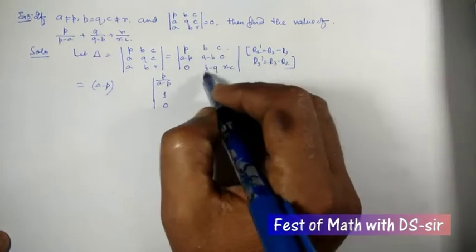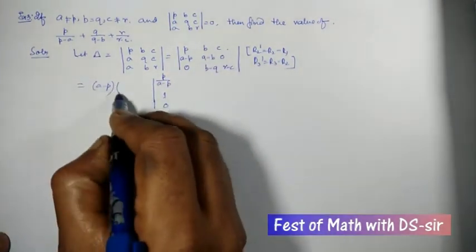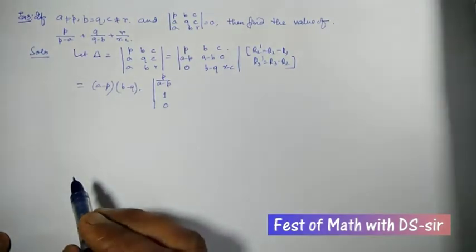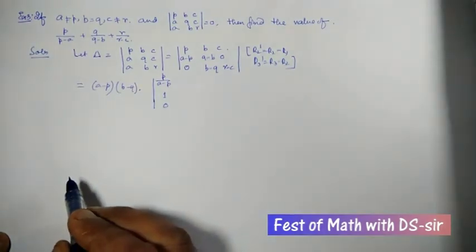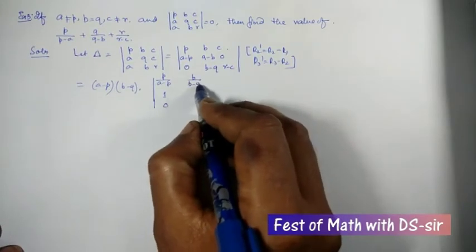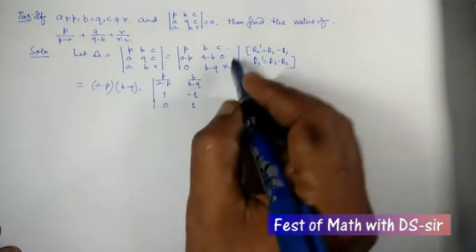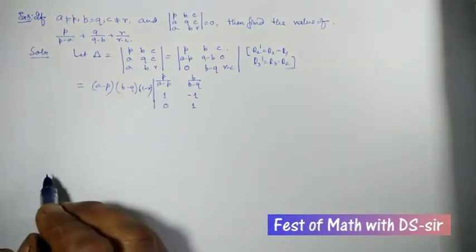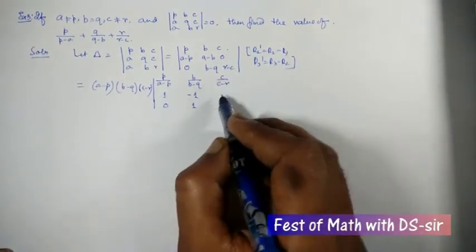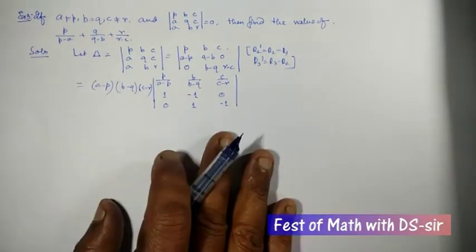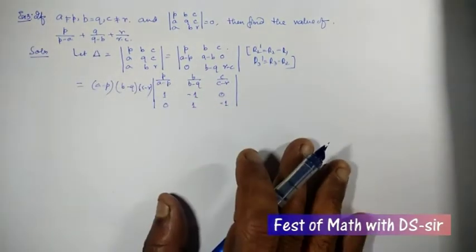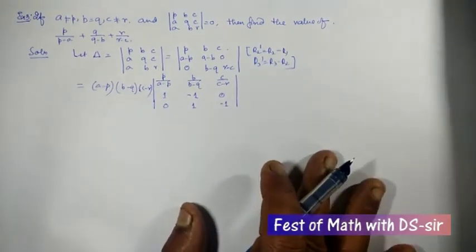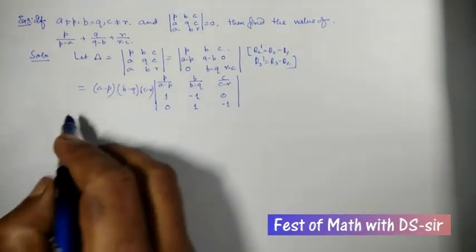I divide the second column by B minus Q, and the third by C minus R. So it becomes C. Now you can just expand this with respect to the first row.